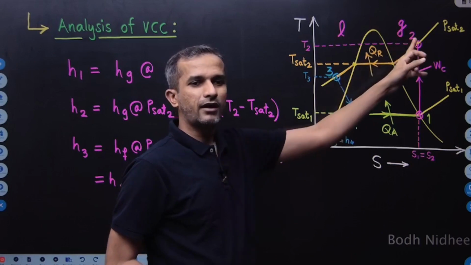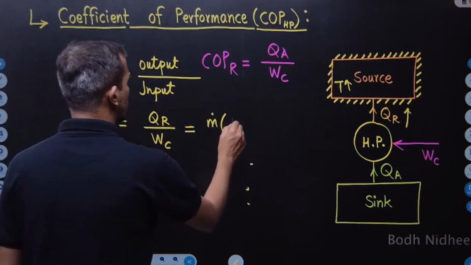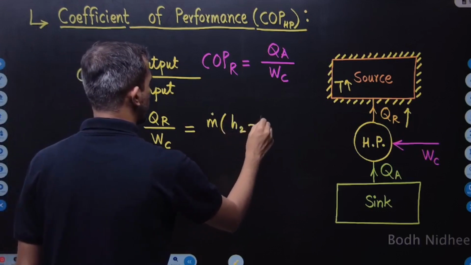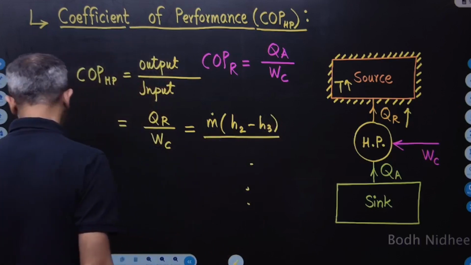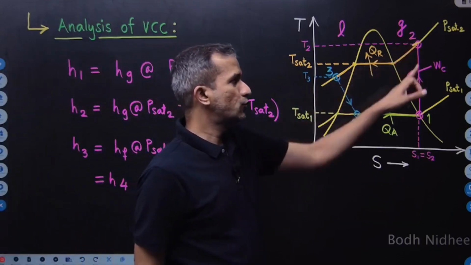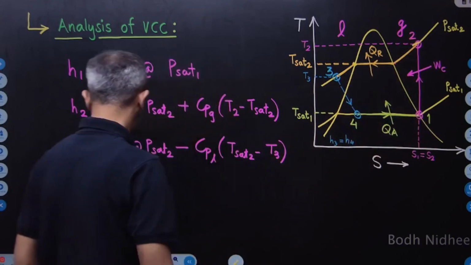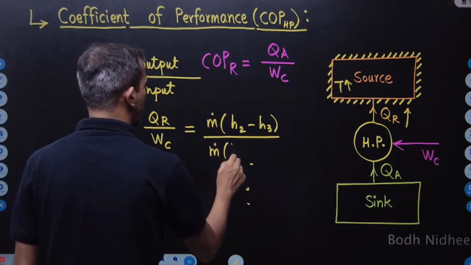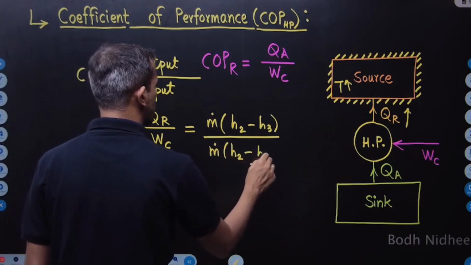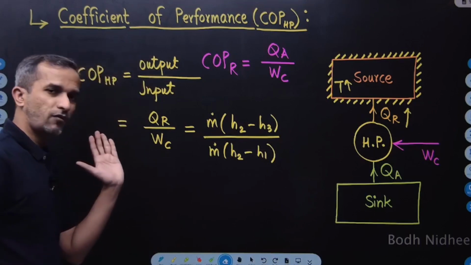So m dot, the mass flow rate of the refrigerant, into H2 minus H3, divided by the compressor power. Compressor power is m dot into H2 minus H1, higher enthalpy minus lower enthalpy. So that is how we have got the coefficient of performance for the heat pump.